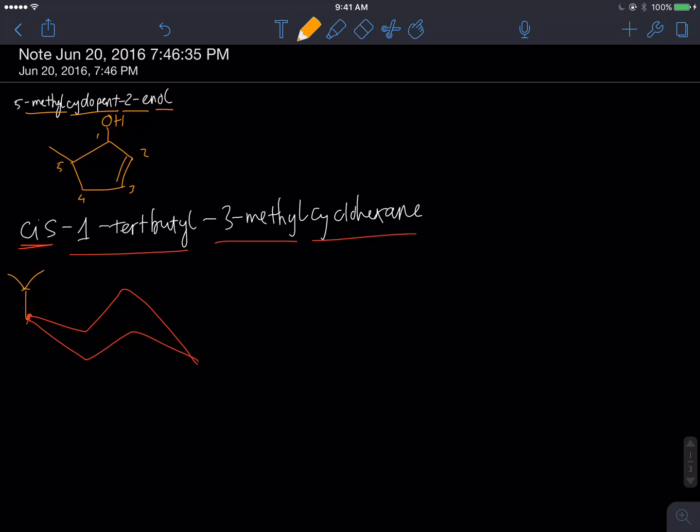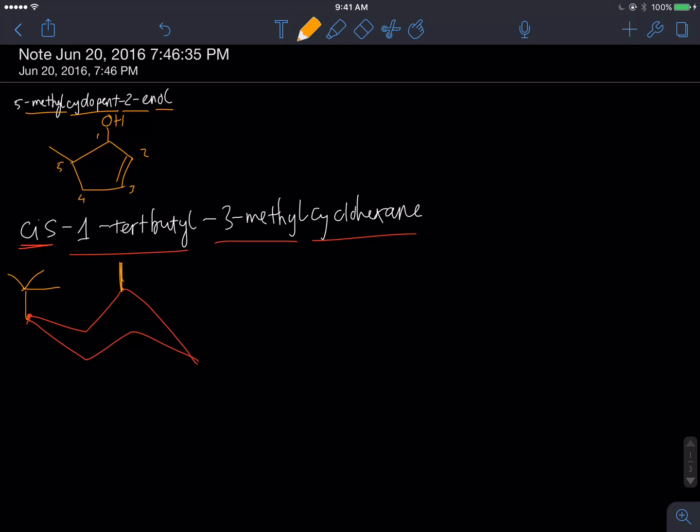I want it up, right? If I want it up, then at number 3, which is right here, the methyl has to be up as well. And that's it, 3-methyl cyclohexane cis.